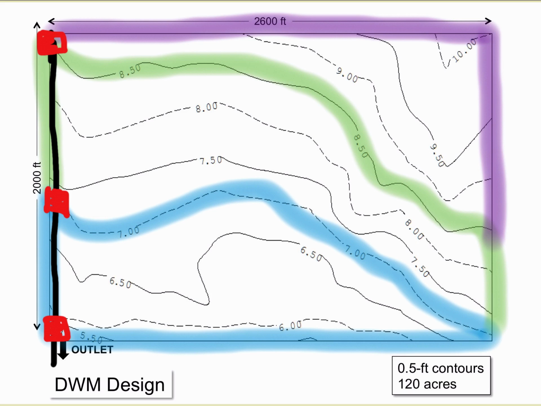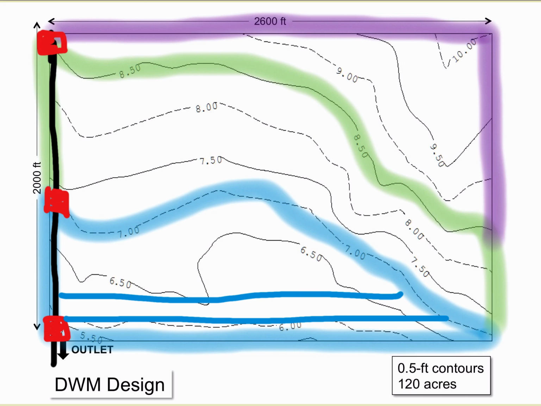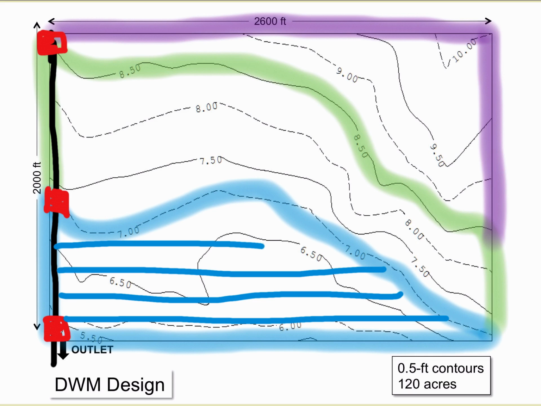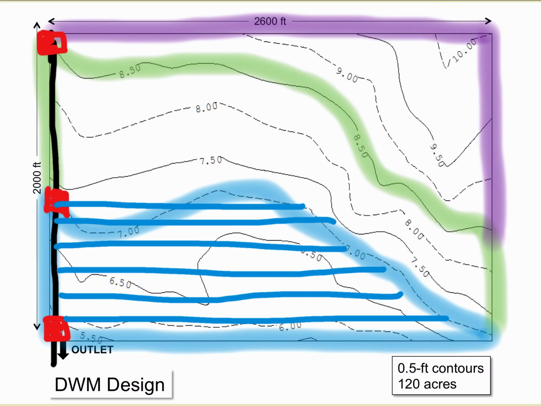And then my laterals, I could stay with that east-west orientation like I had before. Now notice these laterals stay within this blue zone, obviously not to scale here. And then the last lateral I just drew has to come in downstream of that second structure.